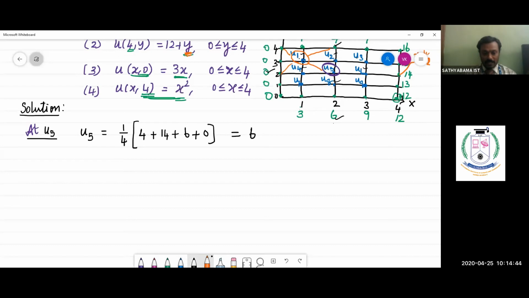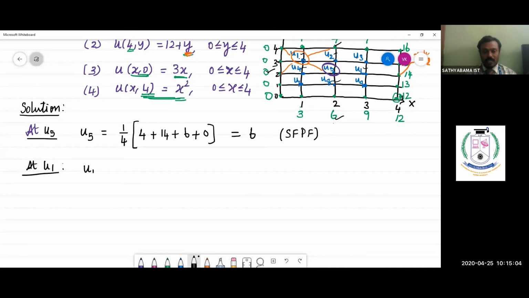So for U1, we apply the diagonal 5-point formula. In the previous case, we applied the standard 5-point formula. Now let's apply the diagonal 5-point formula.